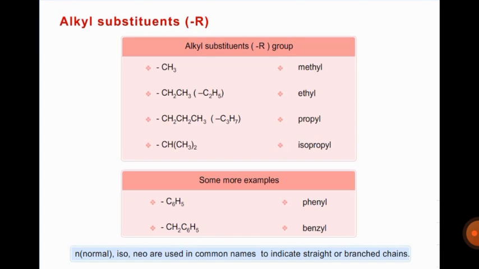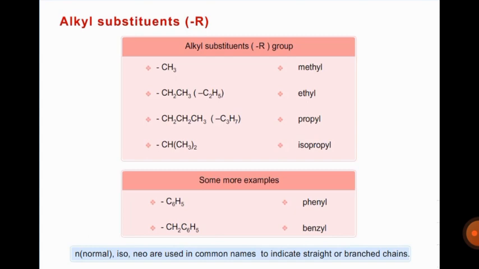If it is CH with two methyl groups attached, it is called isopropyl. If it is C6H5, it is phenyl. If it is CH2C6H5, then it is benzyl.